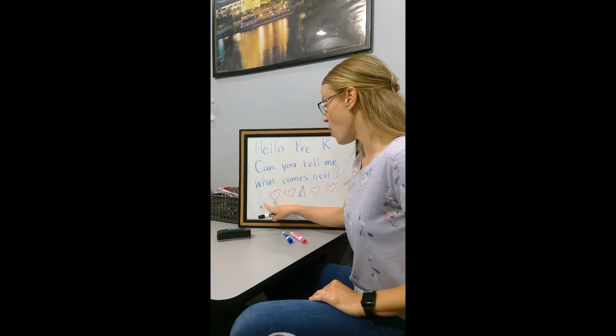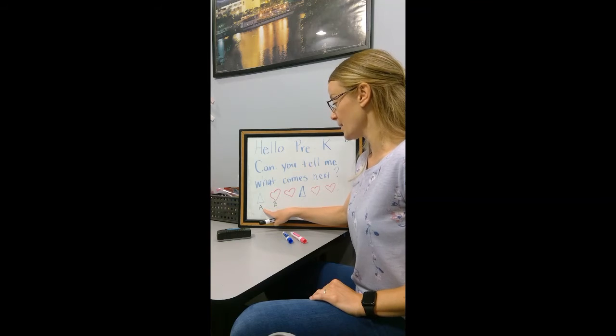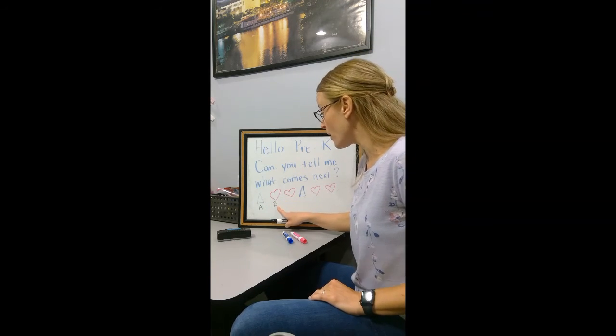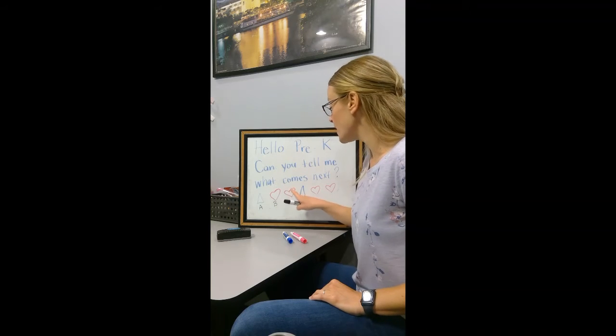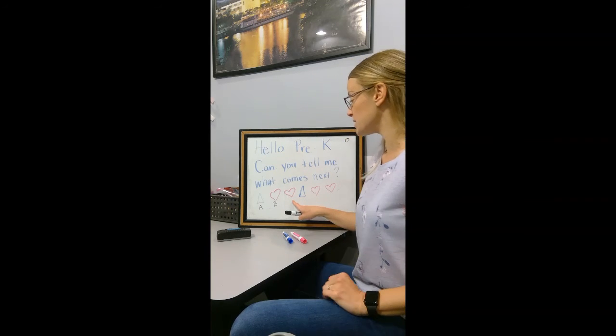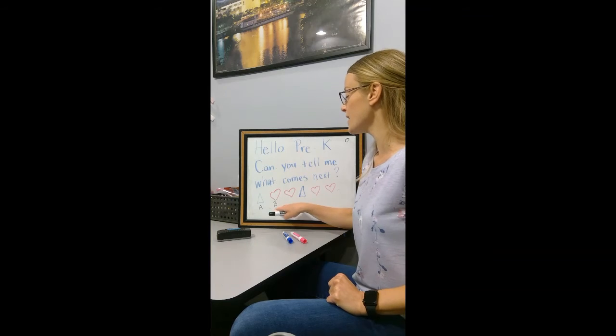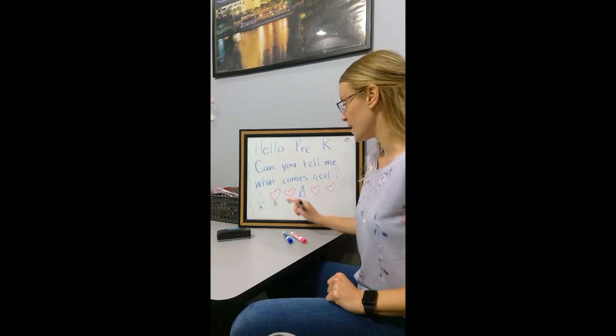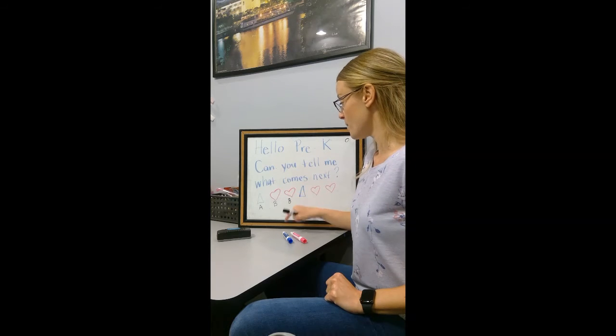So I know that all of my triangles will be labeled with an A. All of my hearts will be labeled with a B. So my next shape in my pattern is still another heart. So I still need to use the B. Same shape, same letter.